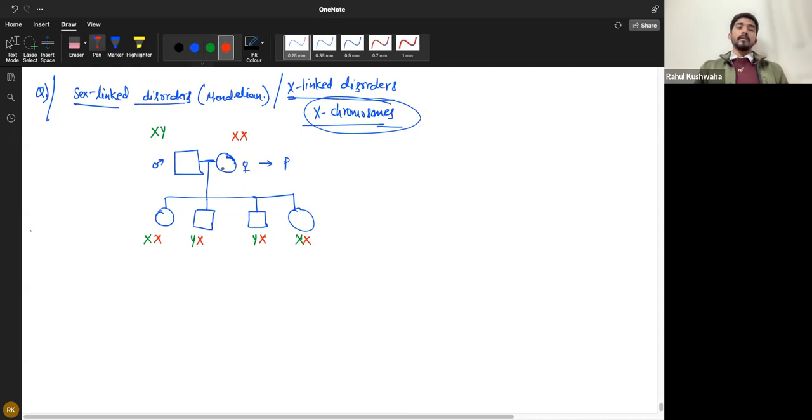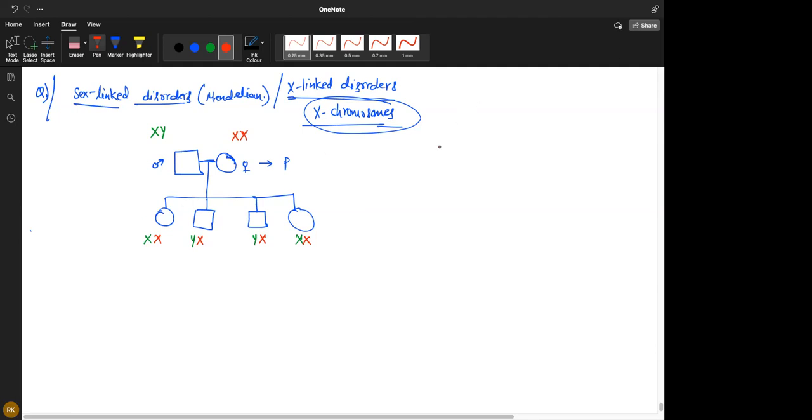Now, if a disorder is sex-linked, it means the mutation, the genetic disorder, is on the X chromosome. Now you know that any trait is of two types, recessive and dominant, correct? Yes.